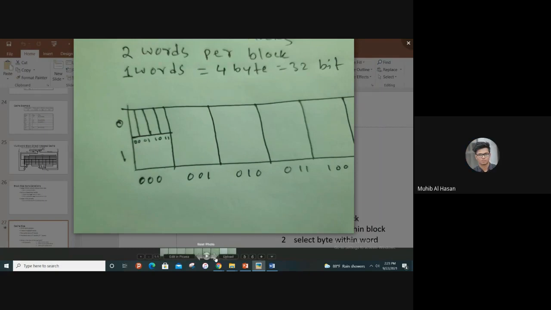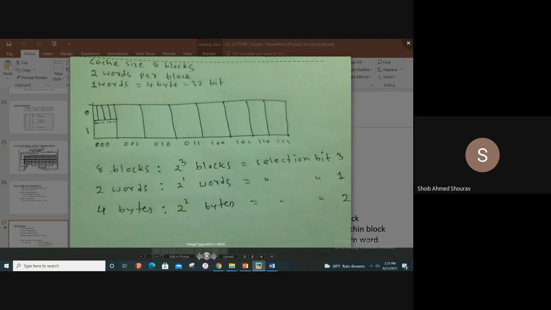So for number of cache blocks, it was 2 to the power 3, so the selection bit is 3. For number of words, it was 2 to the power 1, so the selection bit is 1. And every time each word will have 4 bytes. It will be fixed.